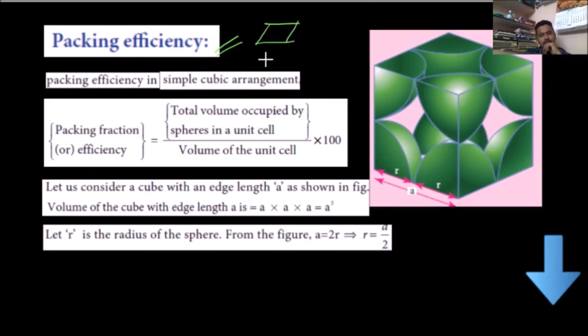For example, before going to packing efficiency, I have a suitcase. In this one, 3 shirts are there, in the second suitcase 5 shirts are there, and in the third suitcase 10 shirts are there. Out of these 3, which is tightly packed? Obviously this one, so the packing efficiency of this suitcase is more.